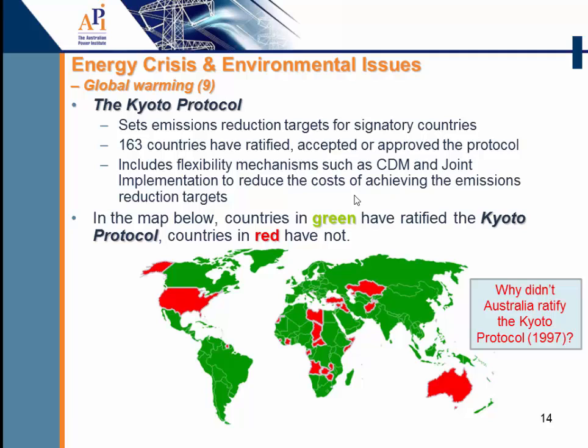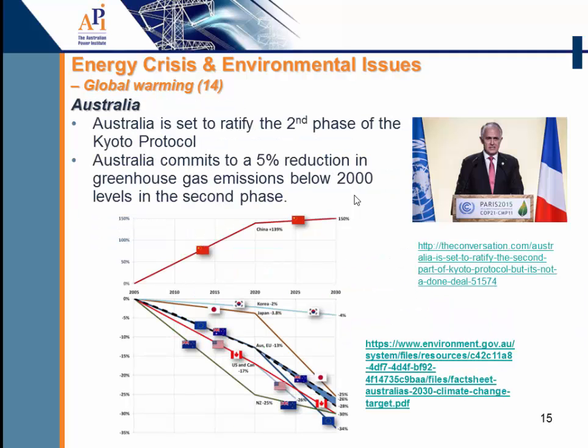However, with the renewable energy target as well as other initiatives, Australia can actually meet the second phase of the Kyoto Protocol, and Australia is committed to further reduction in the coming years.